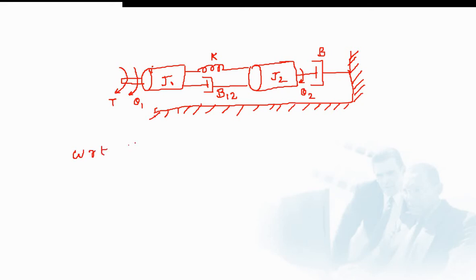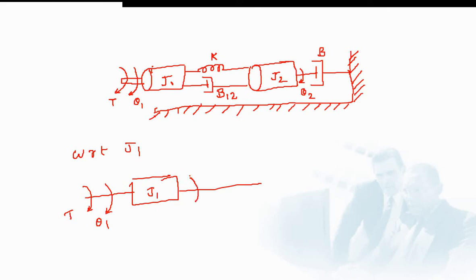So with respect to J1, when you draw the free body diagram, we are applying a torque here, and corresponding to that torque an angular displacement theta 1. So there will be opposing torques because of this applied input torque. What are the opposing torques?